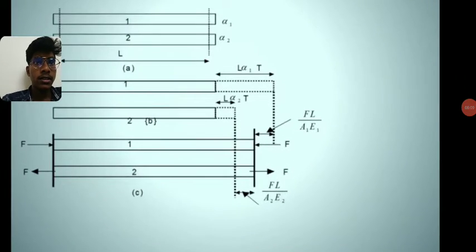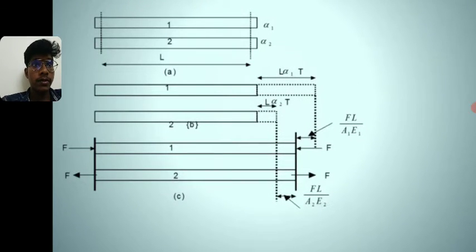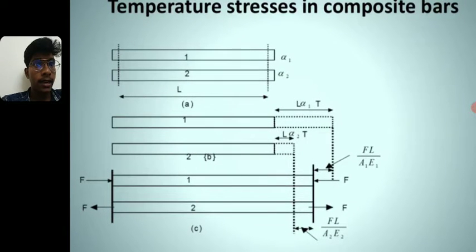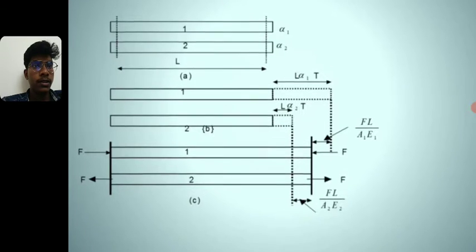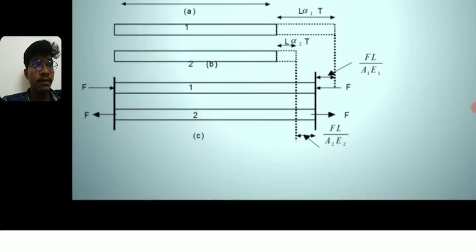And as we can see in these diagrams, we have temperature stresses in composite bars. In composite bars, we have alpha 1 and alpha 2 as in diagram A. If we stretch bars 1 and 2, we get L into alpha 1 into T plus L into alpha 2 into T, where FL by A1 E1.